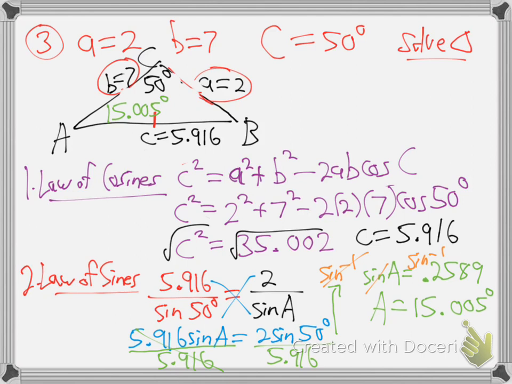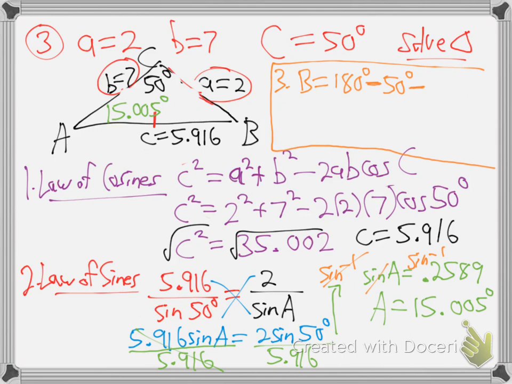Finally, let's get angle B. How are we getting angle B? By subtraction from 180. You good there? So that's step 3. Step 3 is how to find angle B. B is 180 minus 50 minus 15.005 or 4, whatever.